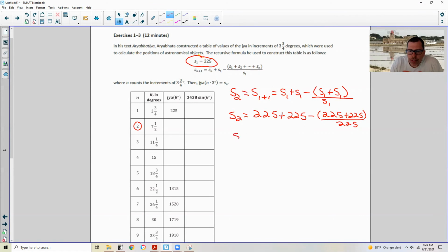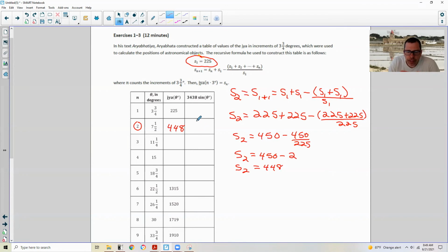Okay, so S sub 2 is going to equal 225 plus 225 is 450. Minus 225 plus 225 is 450 divided by 225. So that S sub 2 is going to equal 450 minus, and 450 divided by 225 is 2. So S sub 2 is going to equal 448. So this would be 448.